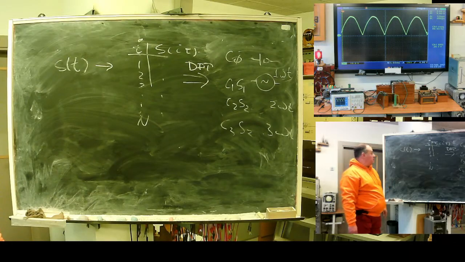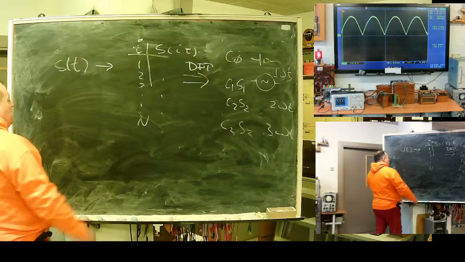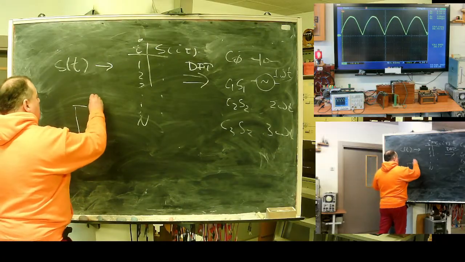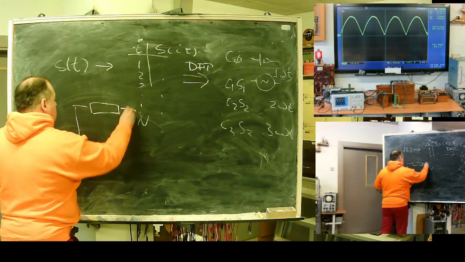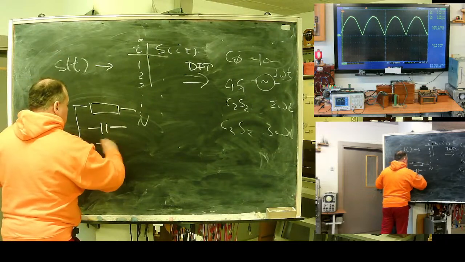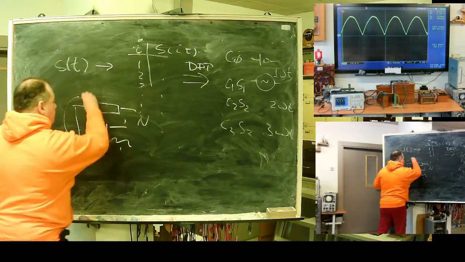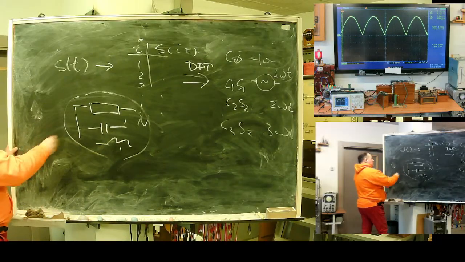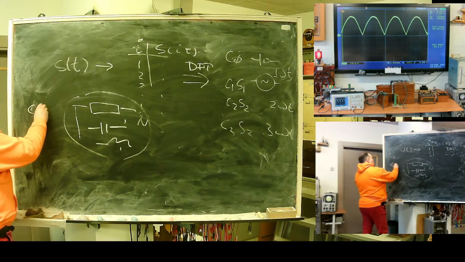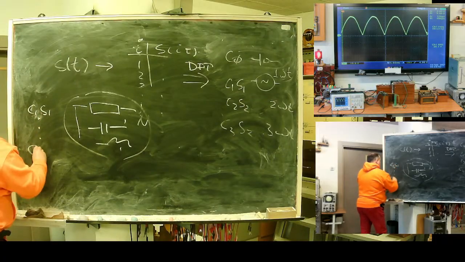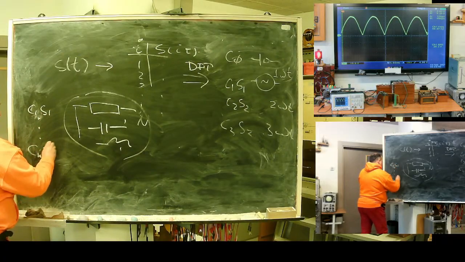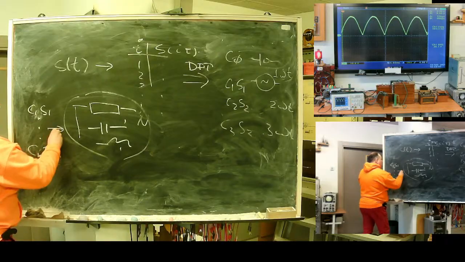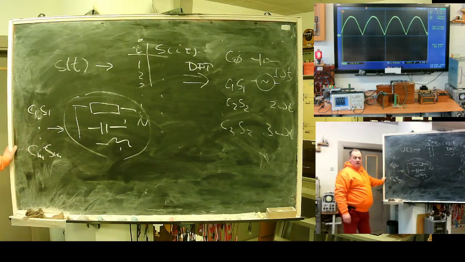Next, I have my circuit, capacitors, coils. I will apply first C1 S1, up to CM SM, to my circuit one by one. What does applying mean?